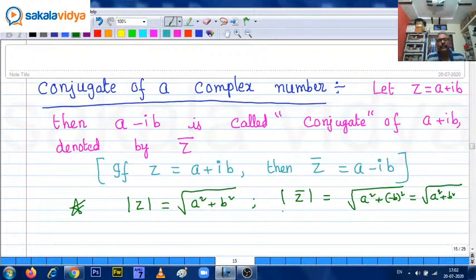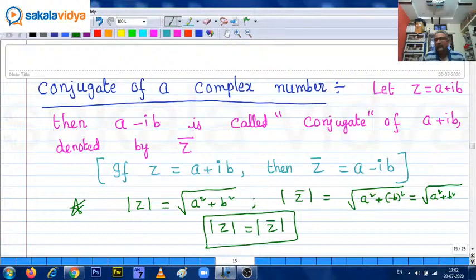That means both moduli are equal. That means mod z is always equal to mod z bar. Understood now? Modulus of a plus ib and a minus ib both will be the same. Mod z is equal to mod z bar.